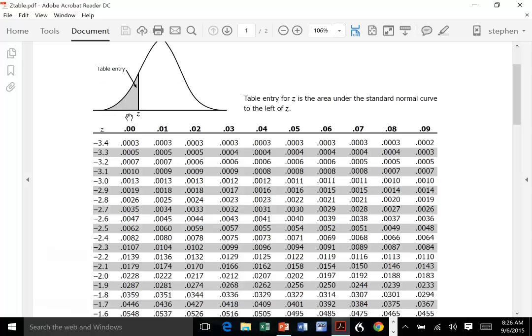And when we're finding a Z value, we're looking for the number of standard deviations from the mean. So we look up 0.025 and read across that's minus 1.9, and then read up 0.06 we add to minus 1.9, or subtract it technically. So our z-value for the small end is minus 1.96.